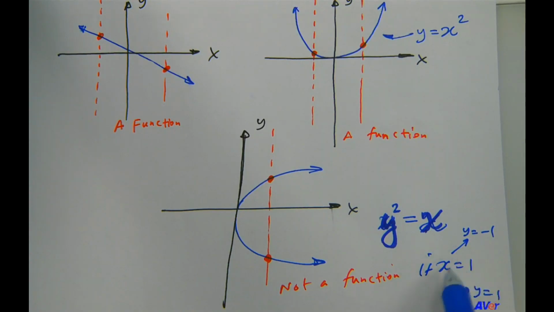Right? So for x equals 1, there are two y values in the range. So one domain value corresponds to more than one value in the range, and that means we do not have a function. So this is very much connected to what we talked about at the very beginning of this section.